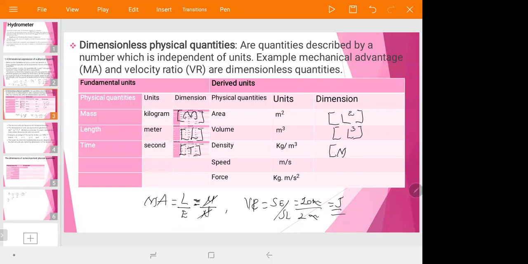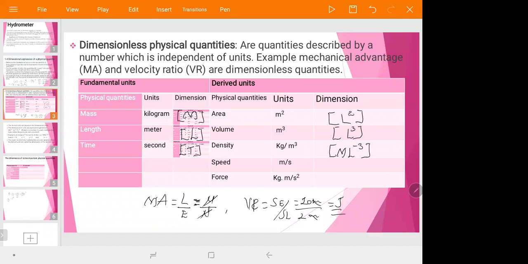Kilogram is the SI unit of mass. The unit of the dimension of mass is capital M, as we have raised above. And volume, as you see above, is symbolized by L to the power of 3. Because of this, as a denominator, when we bring it up, it becomes negative 3.